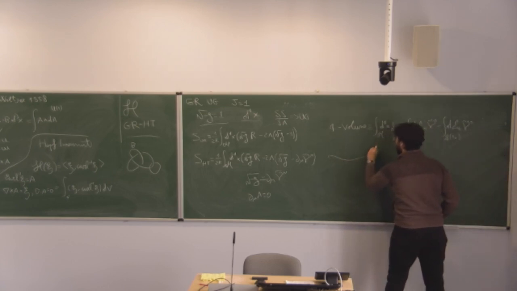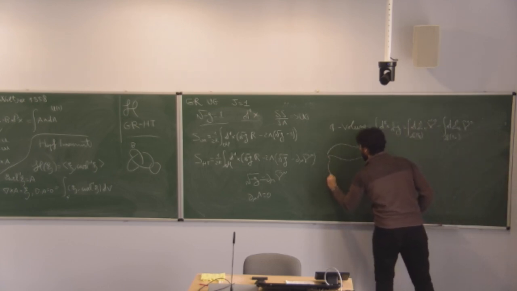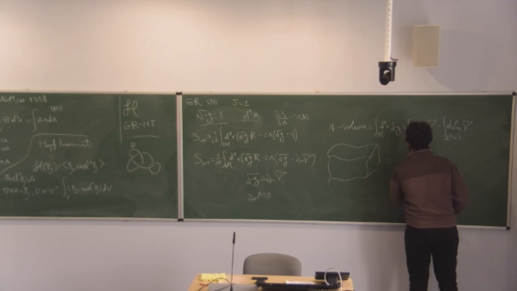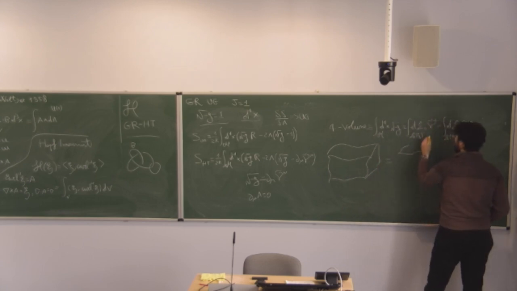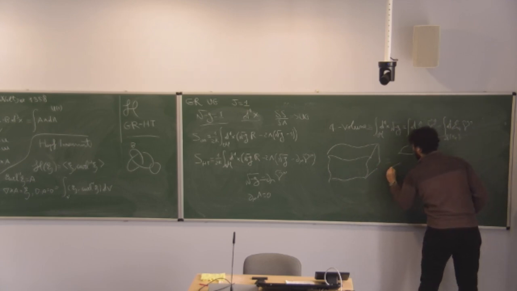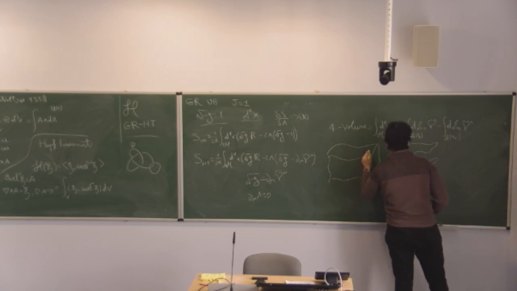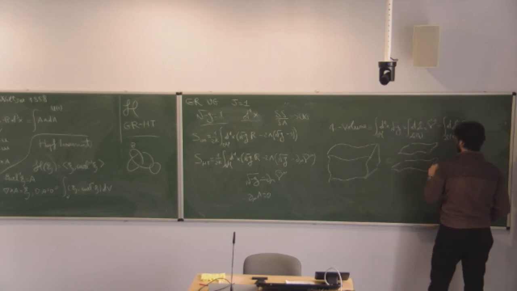You have a volume between two coordinate times. It's equal to the computation of this V0 over hypersurfaces. So basically, here you have the hypersurface of T initial and the hypersurface of T final.